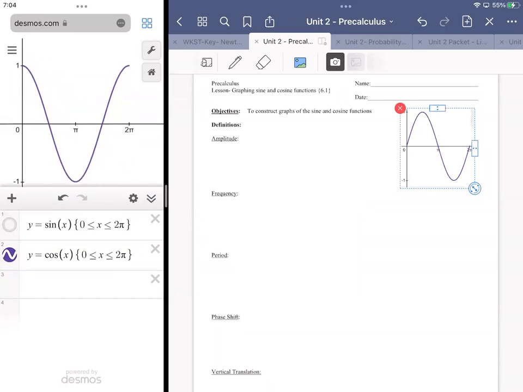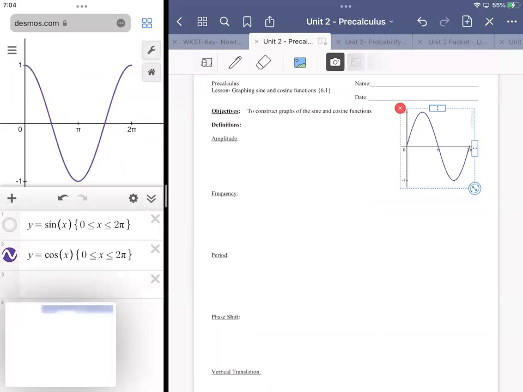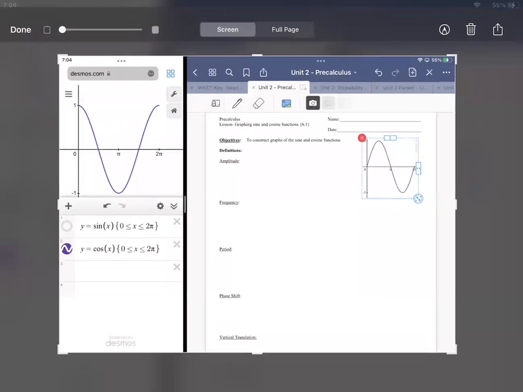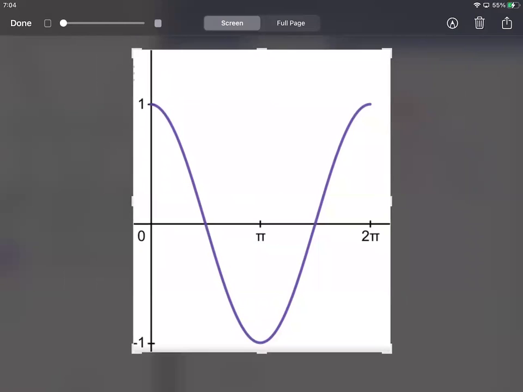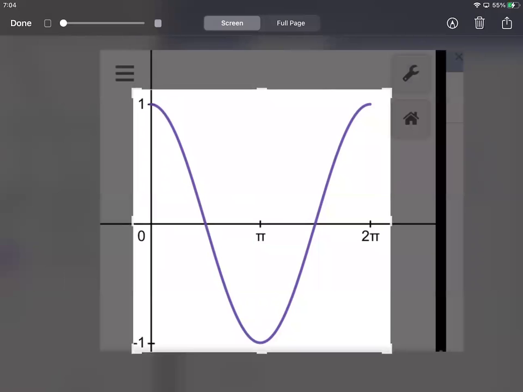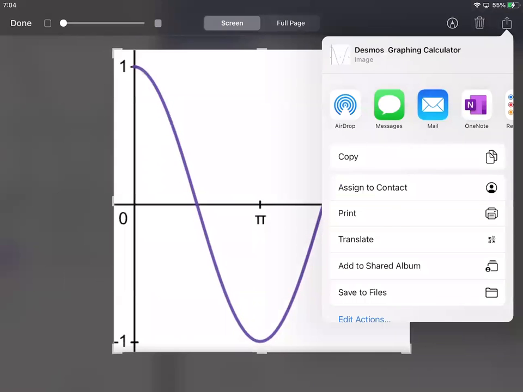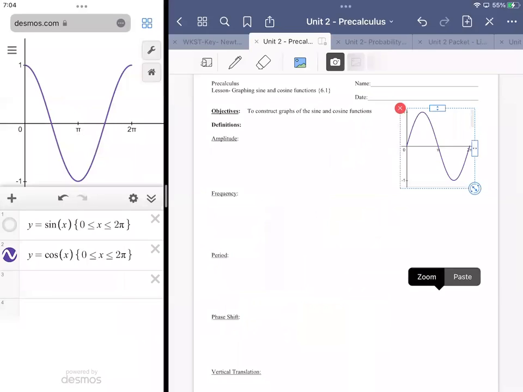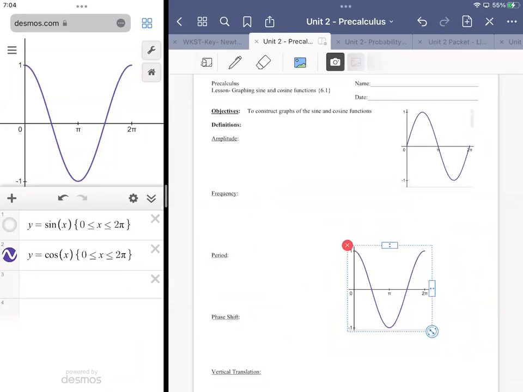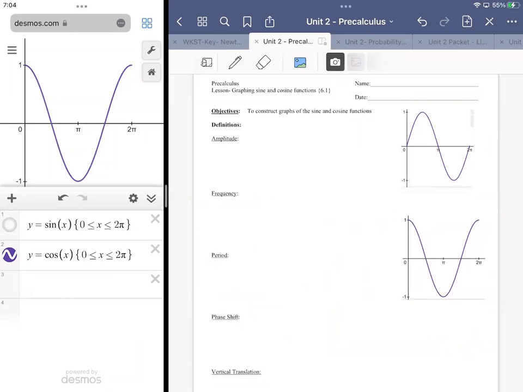There's a nice looking cosine graph. There we go. Good looking graph there.